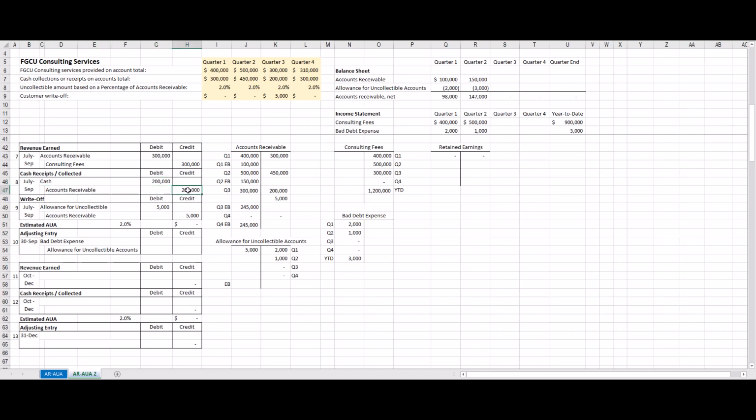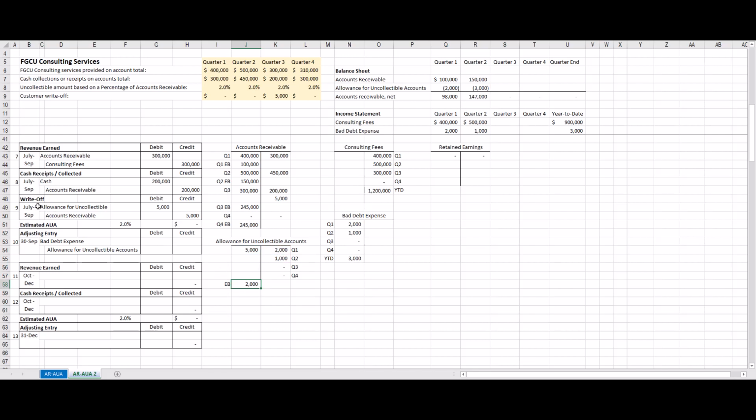The write-off required a debit to the allowance for uncollectible accounts and a credit to accounts receivable for $5,000. That entry was used to write off the uncollectible customer amount.